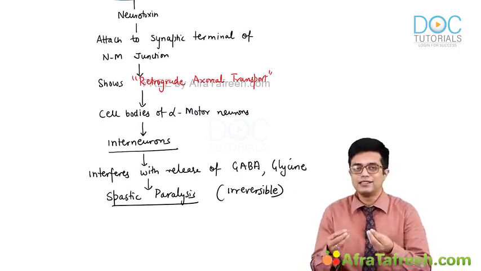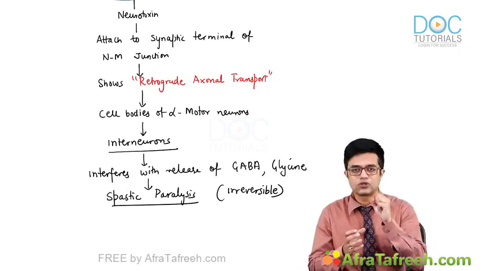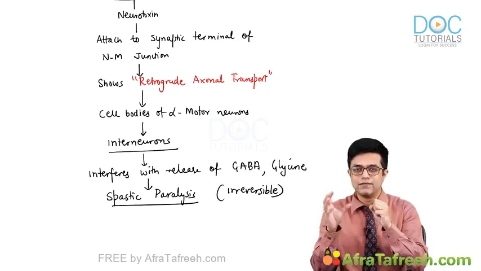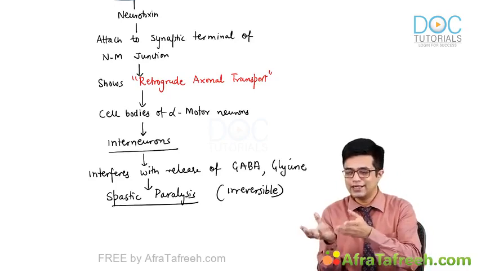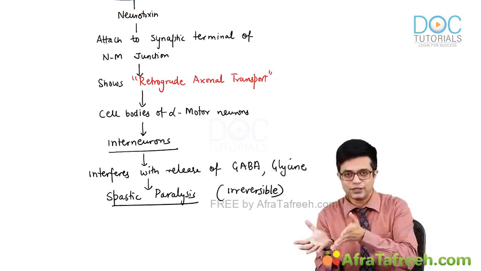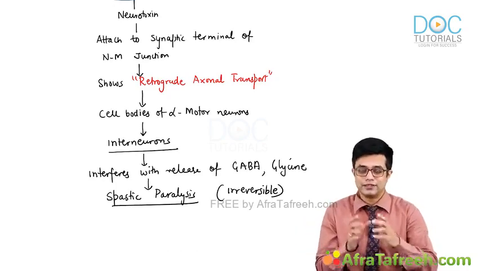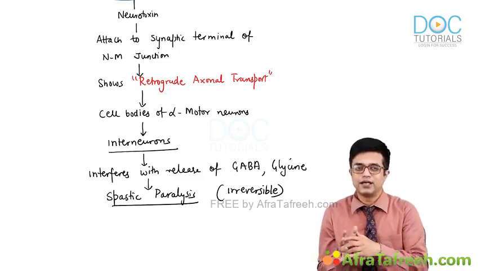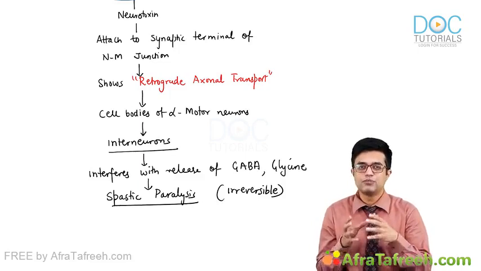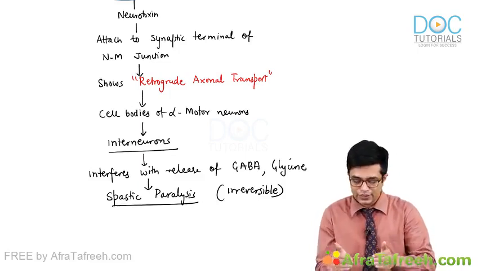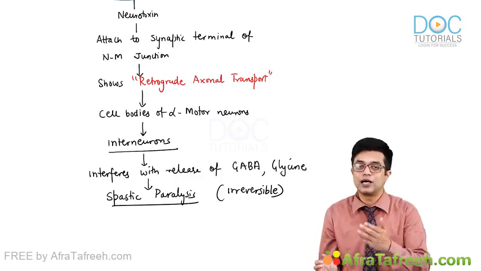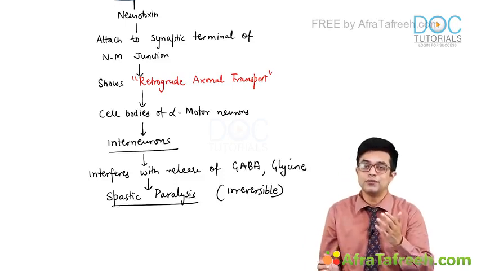Now GABA and glycine are neurotransmitters. They are stored in synaptic vesicles. A synaptic vesicle, when it fuses with the membrane, releases the neurotransmitter. This toxin has a light chain and a heavy chain. The light chain is the active part which prevents the fusion of these neurotransmitter containing granules with the membrane, and so GABA and glycine will not be released.